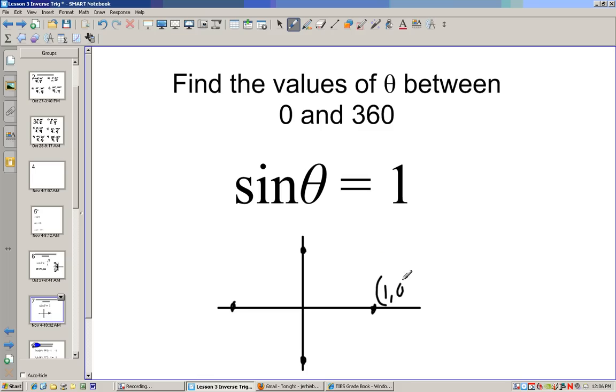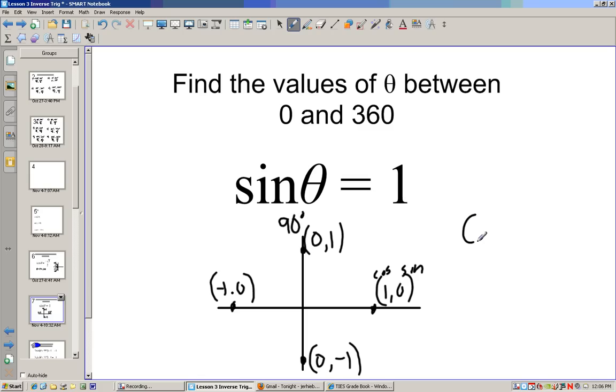So it has to be on the axes. One way that we can tell the sines and cosine on the axes is to look at their coordinates on the unit circle. The x value is the cosine, the y value is the sine. So where is the y value 1? Well, that would be at 90 degrees.